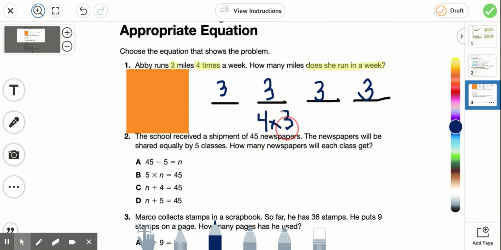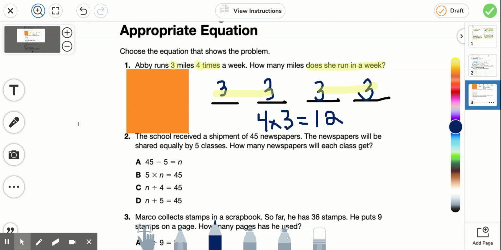Or I could say 3 miles times 4 times each week. How many all together? Well, I don't need to solve that one, but I could. 3, 3, 3, and 3. Double of 3, which is these two together, is 6. So I know that's 6 and 6. 6 and 6 together is 12.